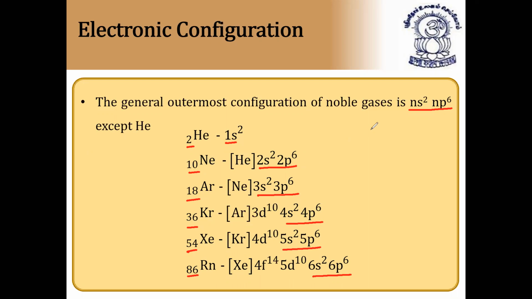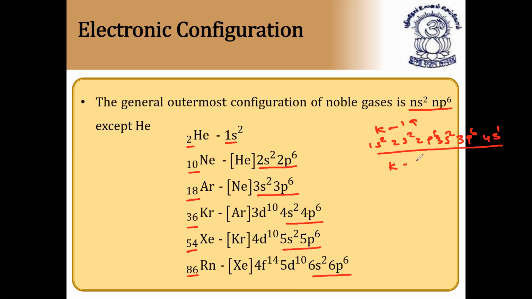That's why, for writing potassium, we'll take argon. Argon is 1s2, 2s2, 2p6, 3s2, 3p6, and afterwards 4s1. So this is the total configuration of potassium, whose atomic number is 19.